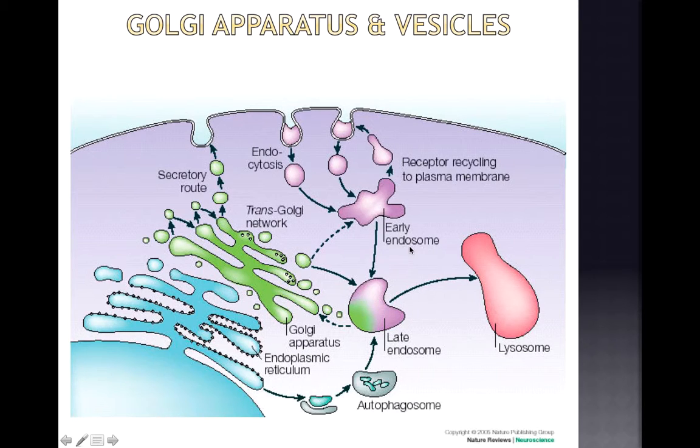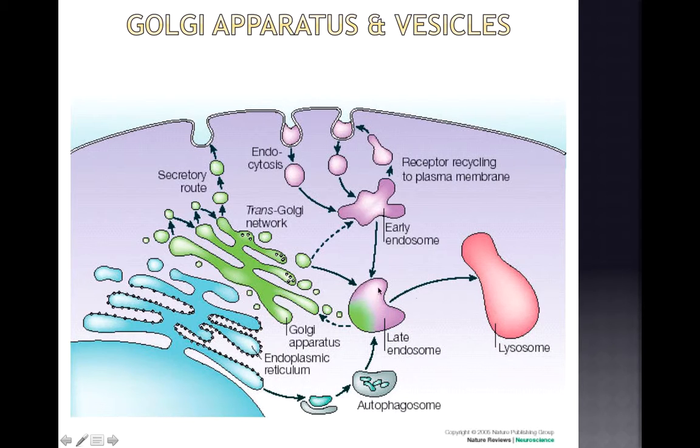Sometimes after proteins perform their functions and they are all done with them, or other things, carbohydrates or lipids or other parts of the cell that are no longer needed, they are taken into lysosomes.